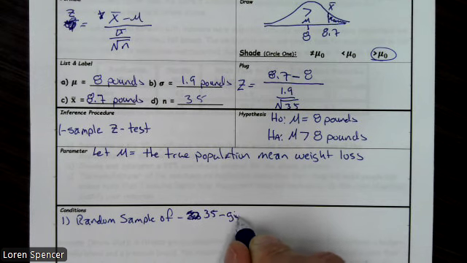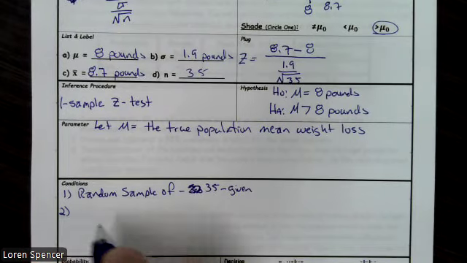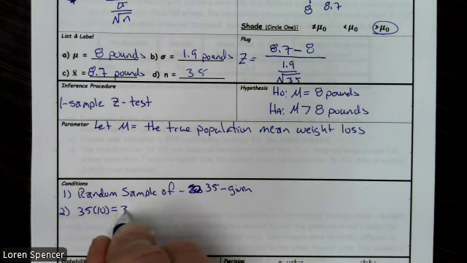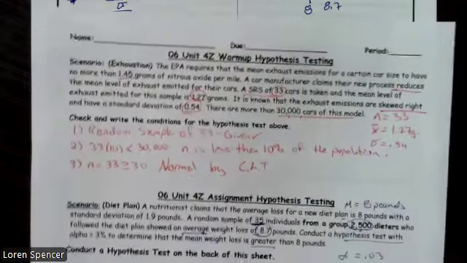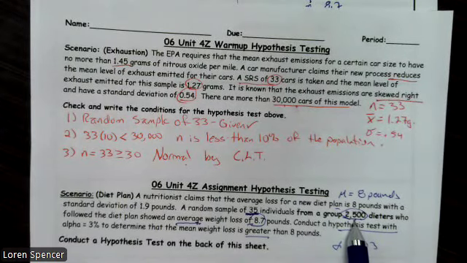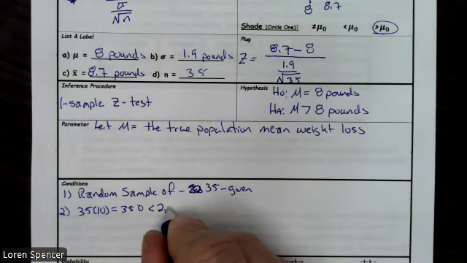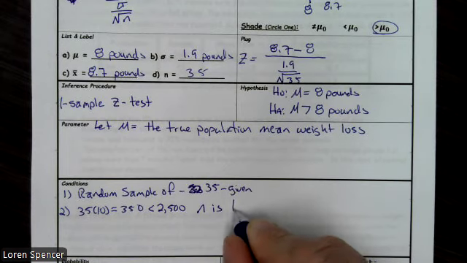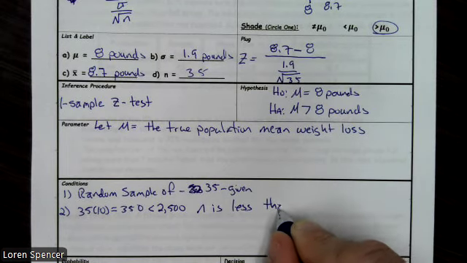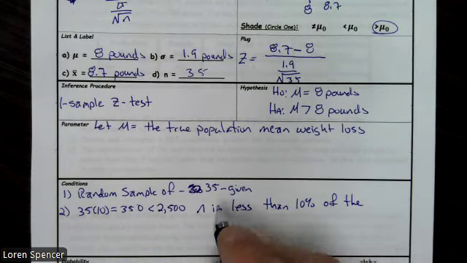And that was given to us. All right, we need to make sure our sample is not too big. So it needs to be less than 10%. So we'll go 35 times 10, and that equals 350. And when we look at this, what was our population? They gave us a population of 2,500. So N is less than 10% of the population.